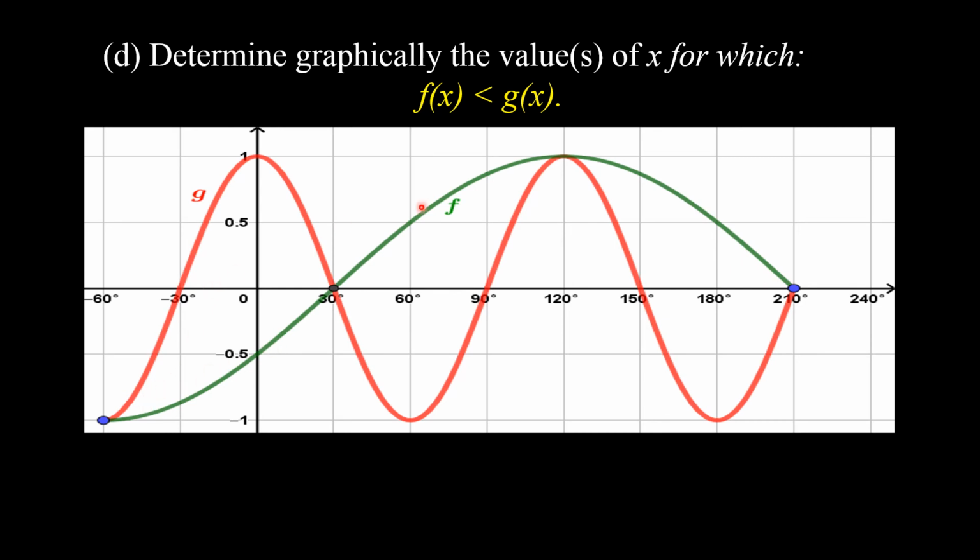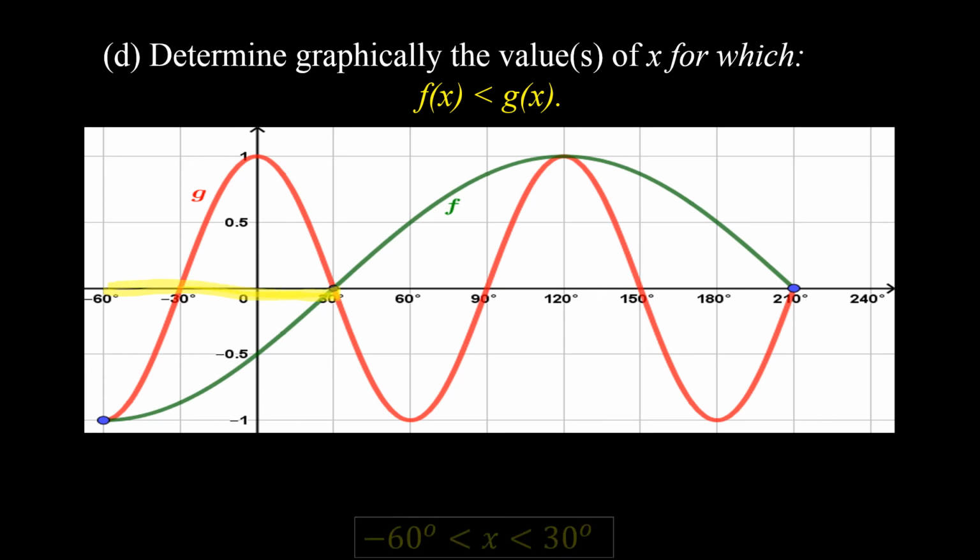So the answer is the values of x from minus 60 to 30. We can answer all these questions very easily after learning this video. All the x values from minus 60 to 30.